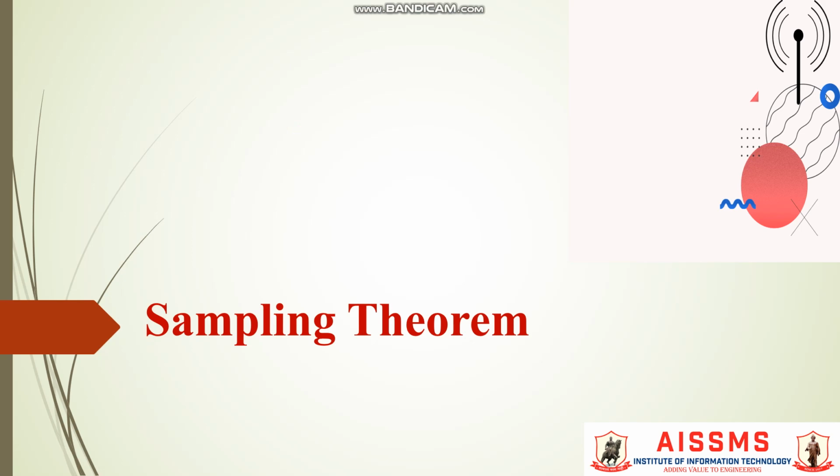What is the sampling theorem? A band limited CT signal with highest frequency Fmax Hz can be uniquely recovered from its samples provided that the sampling rate Fs is greater than or equal to twice the maximum frequency, in samples per second.